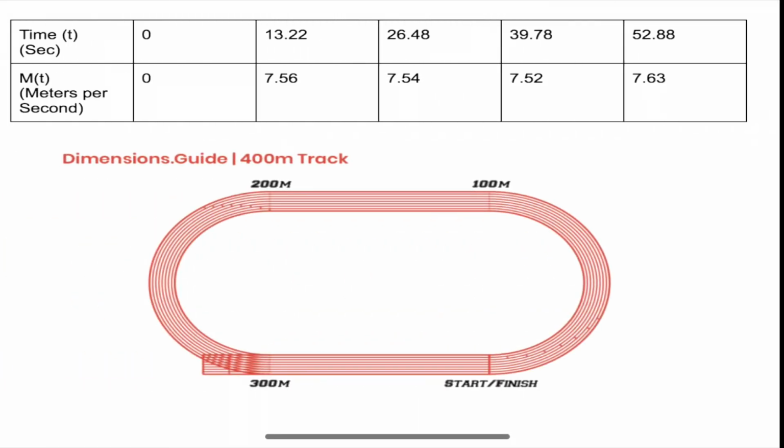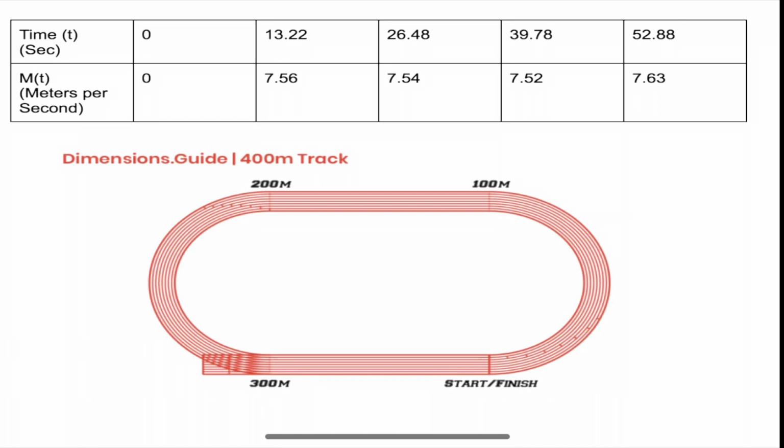Okay, so here's my data, and on the X value we have our time in seconds, and on the Y I have meters per second, which is v of t. At 0 seconds I'm traveling at 0 meters per second, and at 13.22 seconds, like I said earlier, I found my velocity by dividing 100 by 13.22, and that gave me 7.56 meters per second.